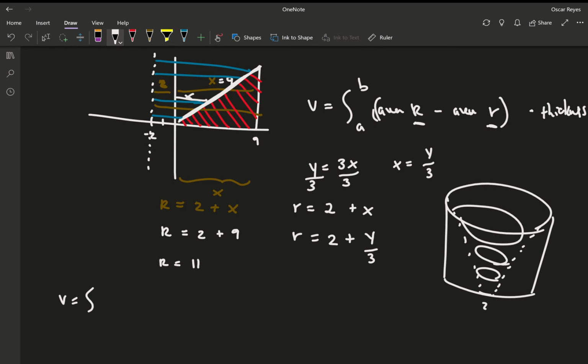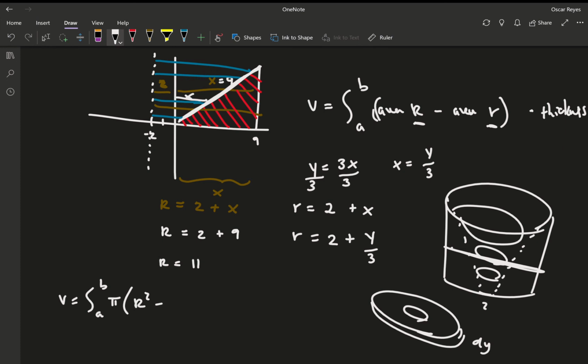So when we look at our original diagram, the cross section from here is still going to be a circle, and we still know the thickness is dy. So we have a to b. Now we know from our previous example we could pull out a pi. We're going to have our big radius squared minus our little radius squared, times our thickness, which is dy.